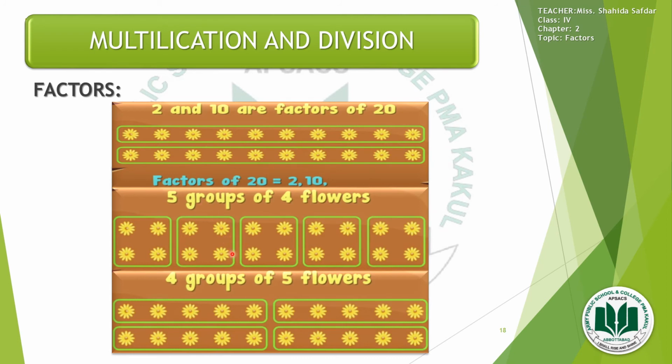Next, we have arranged 4 flowers in groups of 5. That is, we have made 5 groups in which there are 4 flowers in each group. Again, there is no flower left behind. Next, we have arranged 5 flowers in groups of 4.